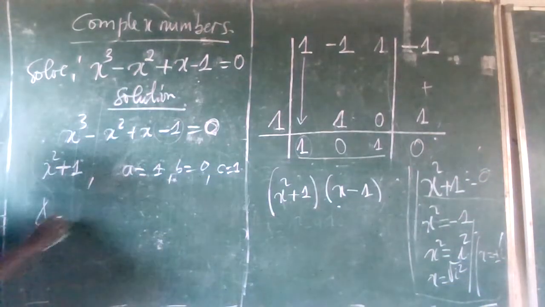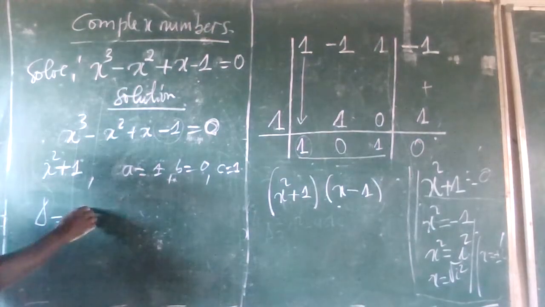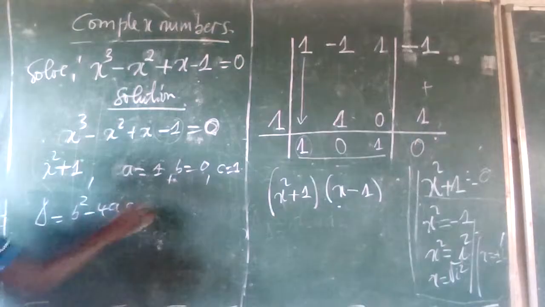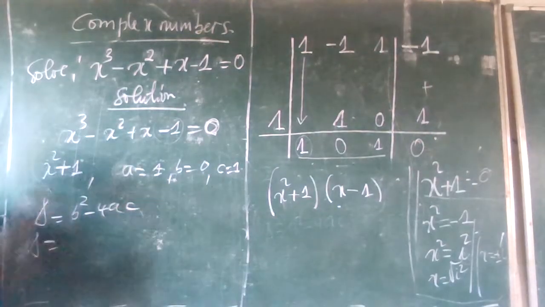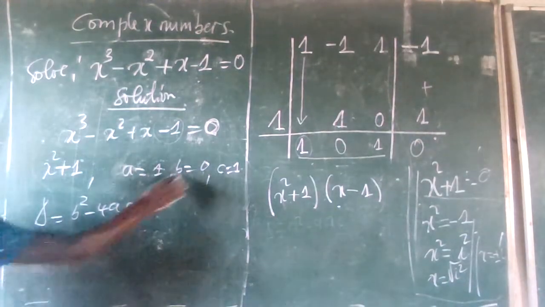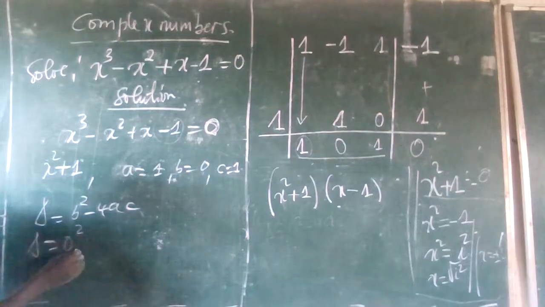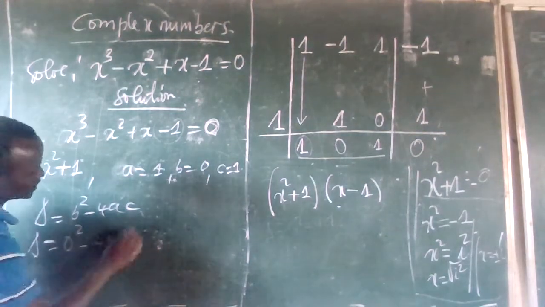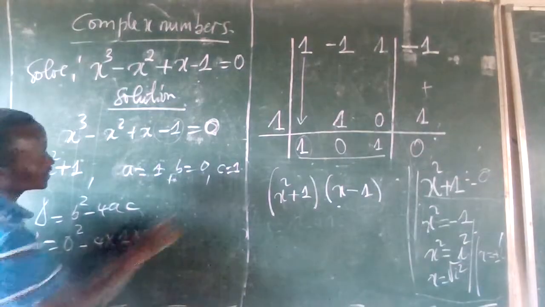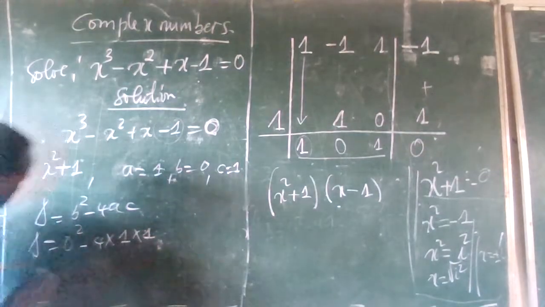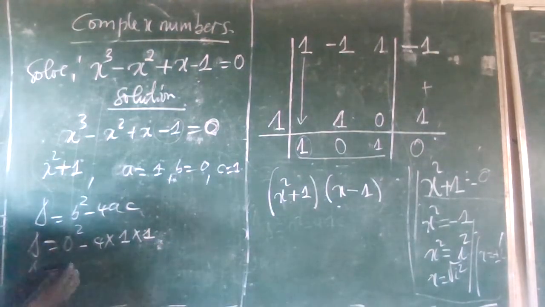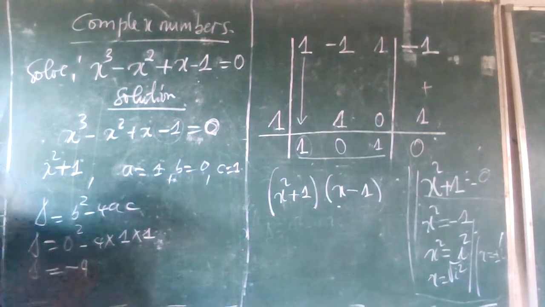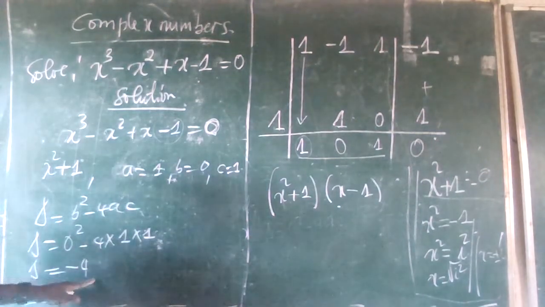Delta is b squared minus 4ac. Now how is the b? It is 0, minus 4 times a, which is equal to 1, times c, which is equal to 1. Now delta is equal to minus 4. Right? This delta is equal to minus 4.